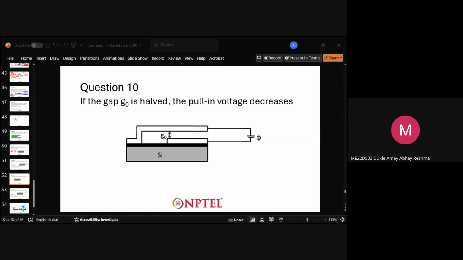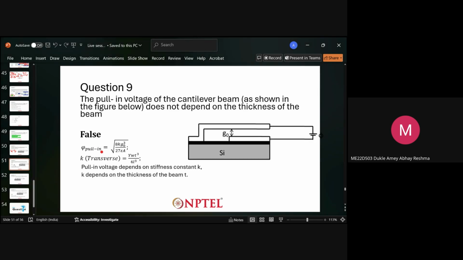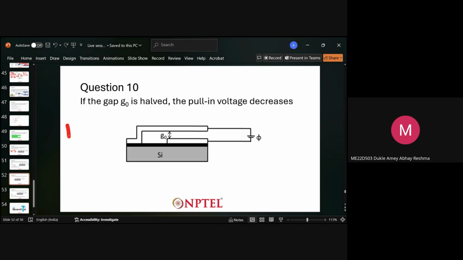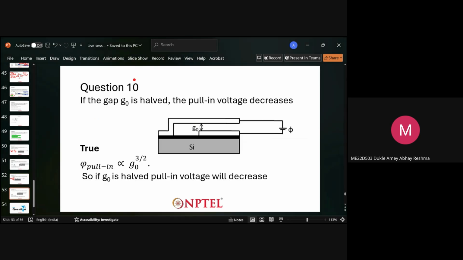As per this formula, pull-in voltage is proportional to... It decreases by 2 root 2, sir. So do you think if the gap is half, the pull-in voltage will decrease? Yes, the pull-in voltage will decrease. True, because this is the relation between them. So if you halve the gap, the pull-in voltage will also decrease.